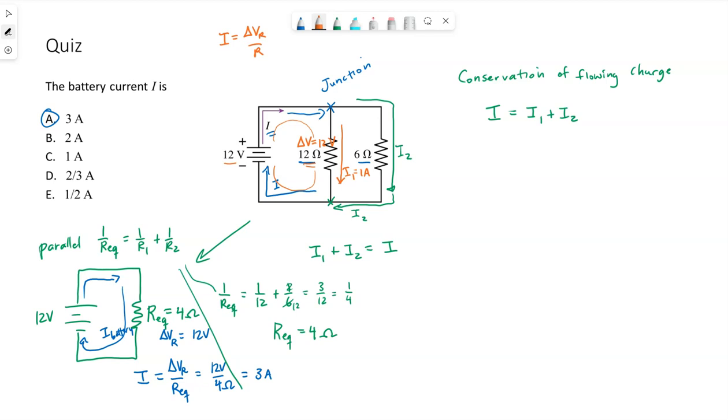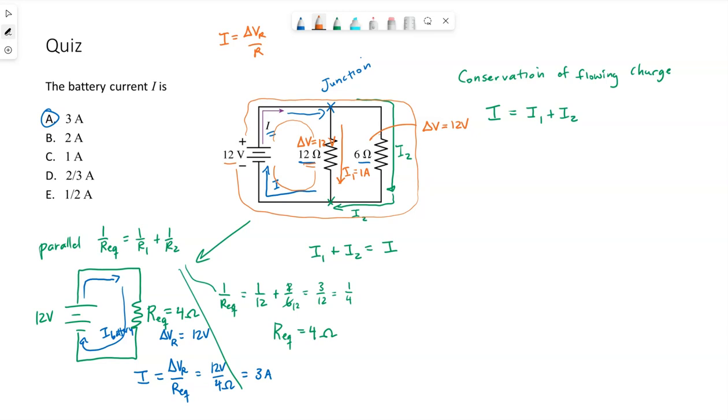1 amp of current needs to flow through that resistor in order for it to have a voltage of 12 volts. The other path I can take is over through this 6 ohm resistor, and that will take me back to the battery. That means this 6 ohm resistor also has a potential difference of 12 volts, because that was the only element I passed by other than the battery.